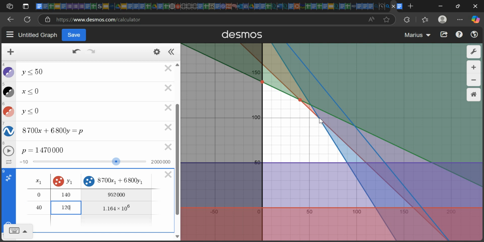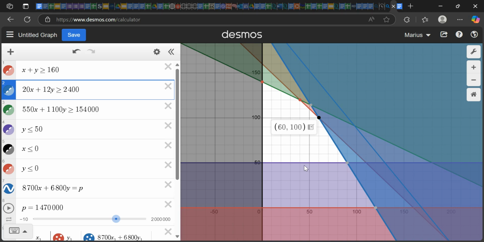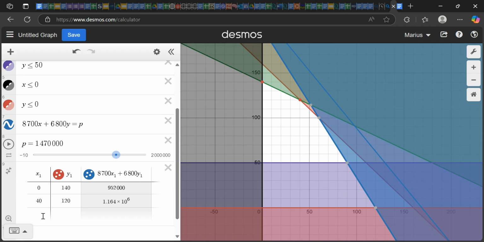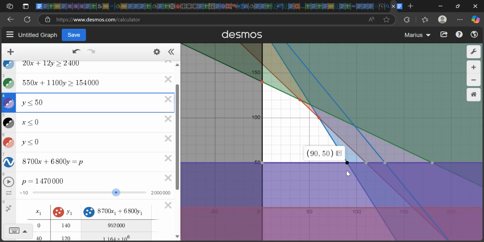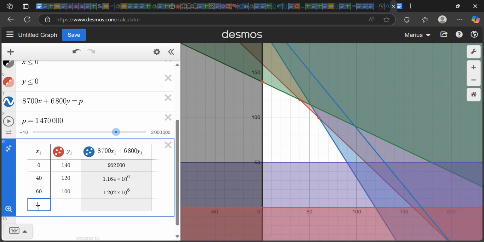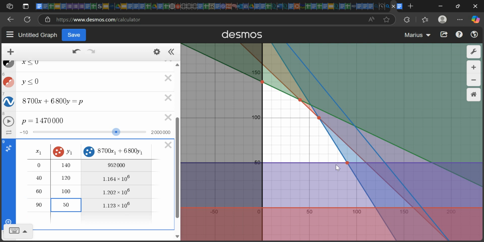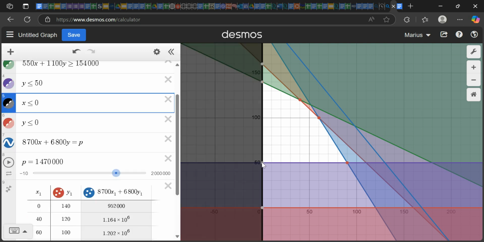I've got another node at 6, 100. I've got another node over here at 9, 050. Yes. And the last one is 0, 50.